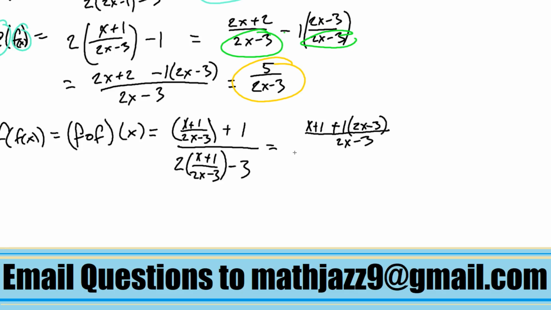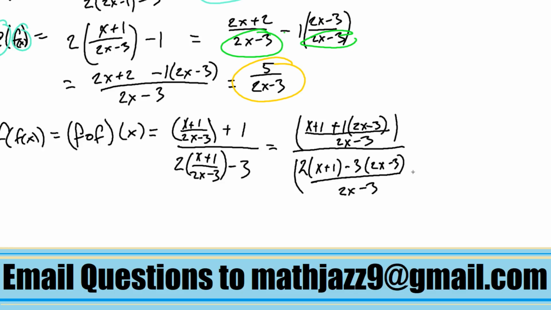That's the top fraction. Bottom fraction, we still multiply by this 2x minus 3, so we get 2 times x plus 1 minus 3 times 2x minus 3, all over 2x minus 3. This fraction over this fraction we have now.